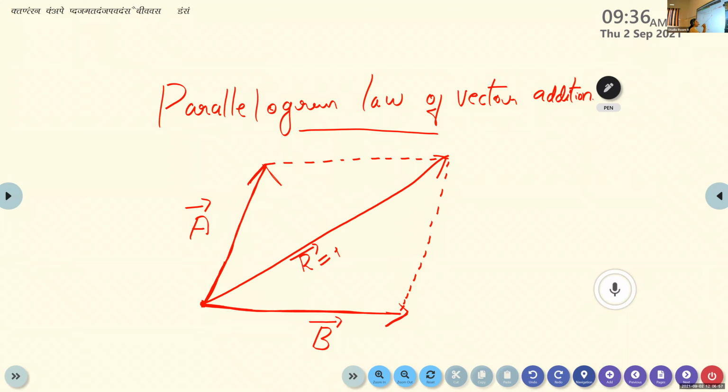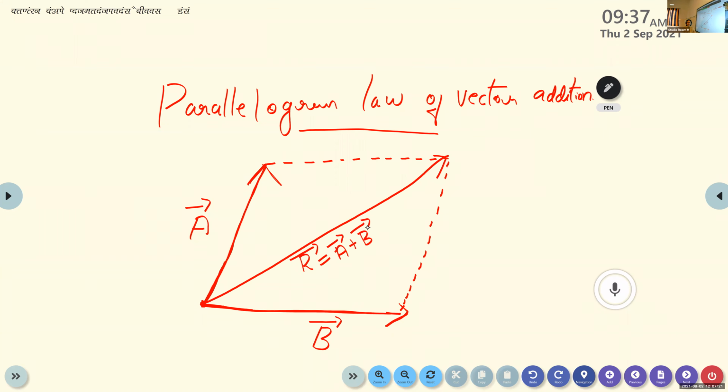That is, vector R is equal to vector A plus vector B. In the case of the triangle law, if the two vectors, vector A and vector B, in the same order represent the two adjacent sides of a triangle, then the third side represents the resultant vector of those two vectors.